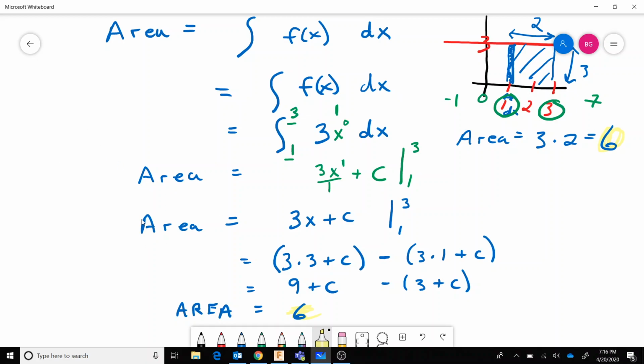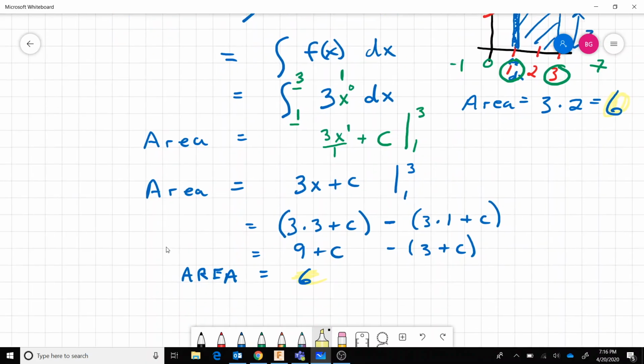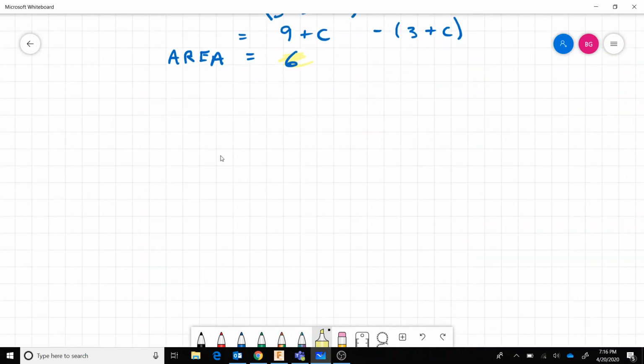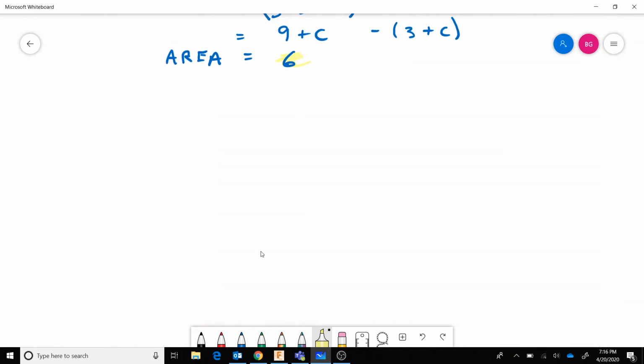Let's do another one that we can actually know the answer to. All right, so let's suppose this time I got a problem that looks like this. Let's say f of x is just a line.